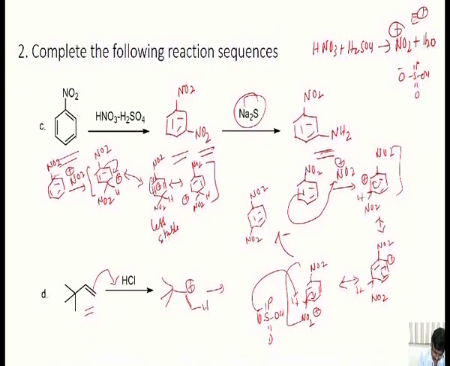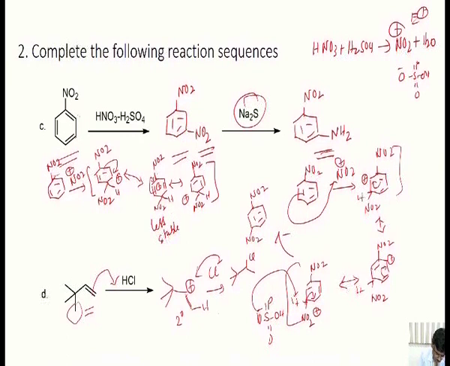Secondary carbocation, which can react with Cl minus to give the addition product. On the other hand, this secondary carbocation can rearrange.